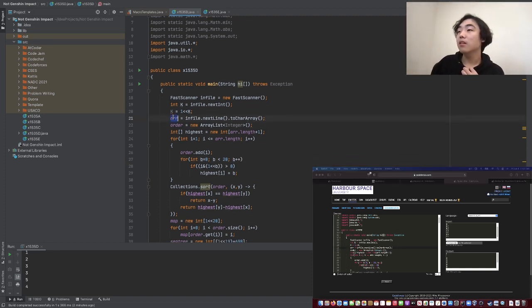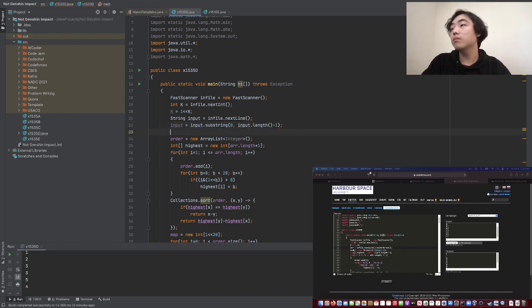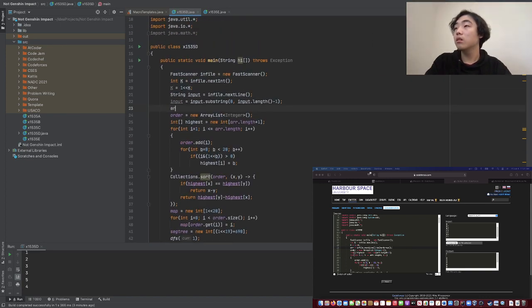Okay, string input is equal to infile.nextLine, and then input is equal to input.substring from 0 to input.length -1. And then char array is equal to input.toCharArray.